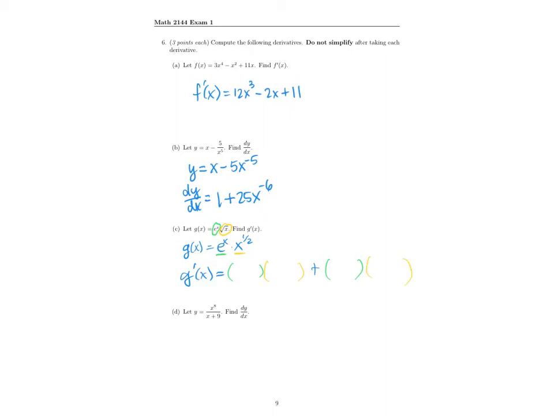So we'll do the derivative of the first function. What's the derivative of e to the x? That's just e to the x. Times, leave the second one alone. Plus, then I'm going to leave the first function alone, e to the x. And then the derivative of the second, so it's 1/2 x to the negative 1/2.